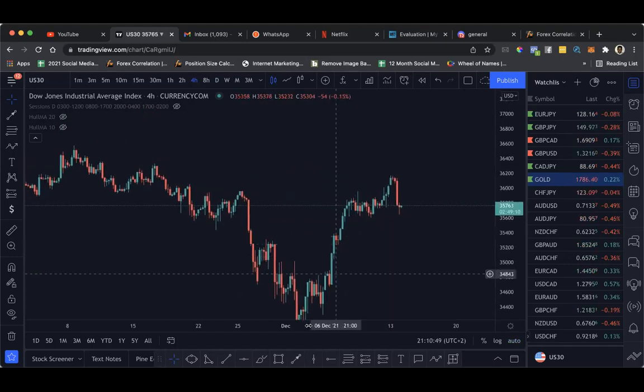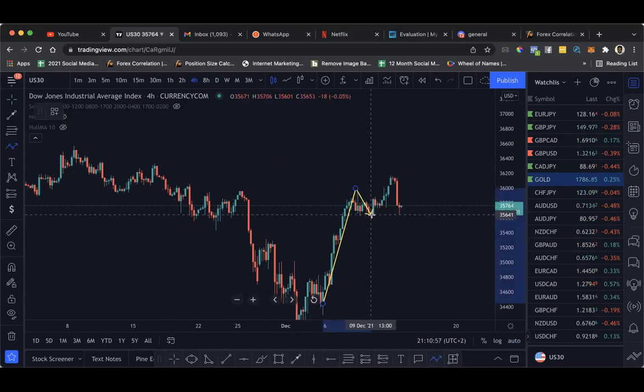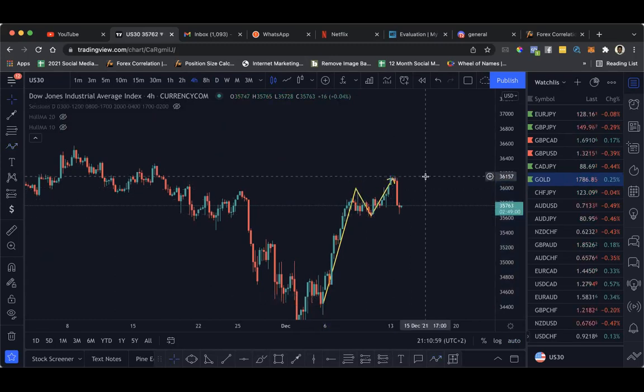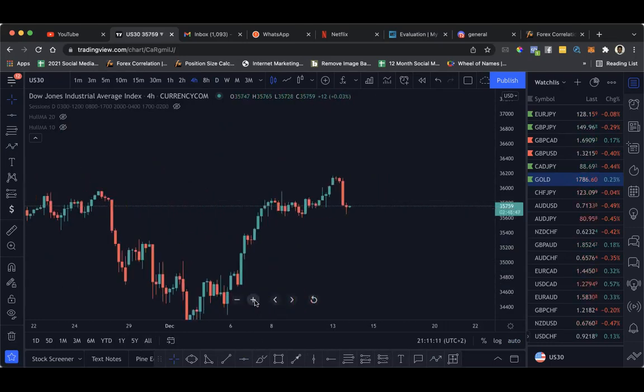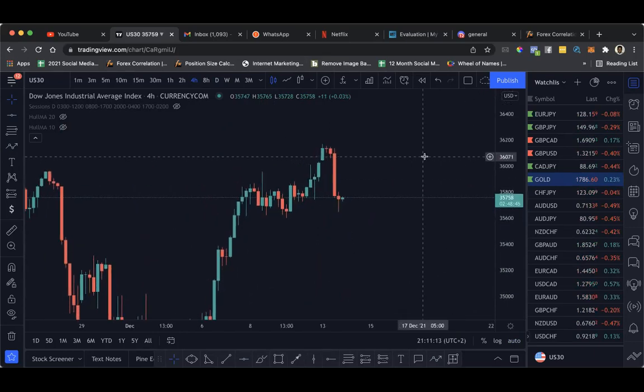Price is also in a demand zone on the 4-hour chart. You can see this. All right, price has broken this zone here. Okay, this is a breakout. So this is a demand zone. And on the 4-hour chart, price has already hit the demand zone.